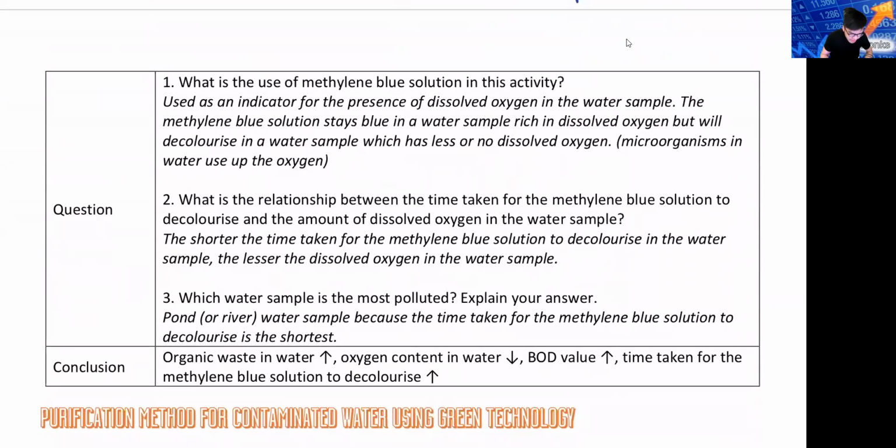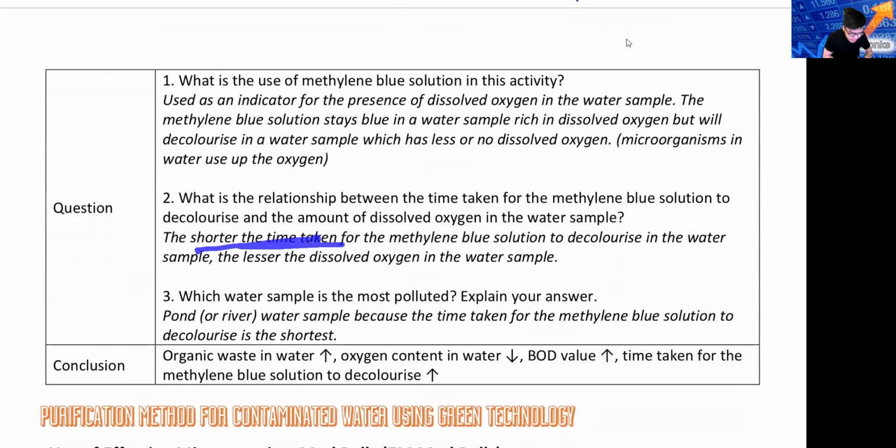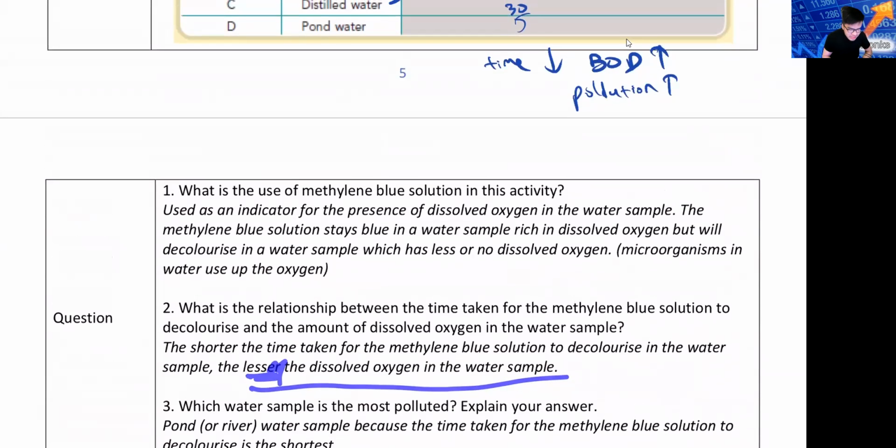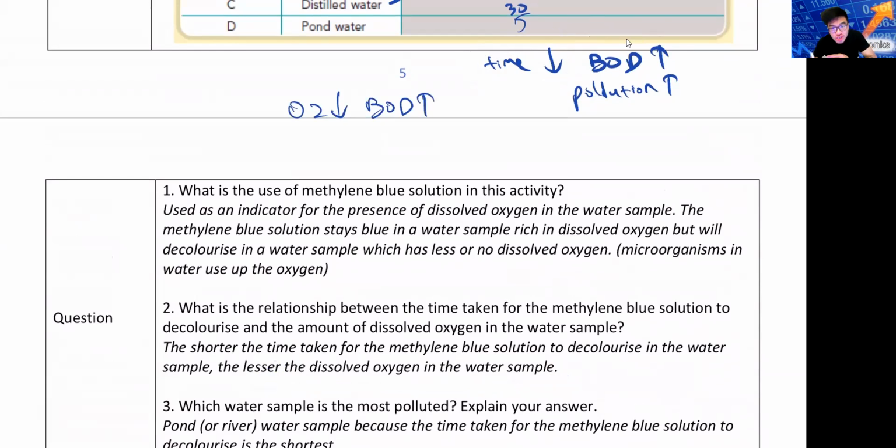So the shorter the time taken to decolorize the water sample, the less, please don't say lesser lah, it's less, not lesser, the less dissolved oxygen is in the water sample. Like I said, if it takes a very short time, there's very little oxygen in it, that means BOD is very high. Okay, don't get confused. If there's very little oxygen in the water, that means the BOD is very high. If there's very little oxygen, there's a very high demand for oxygen.